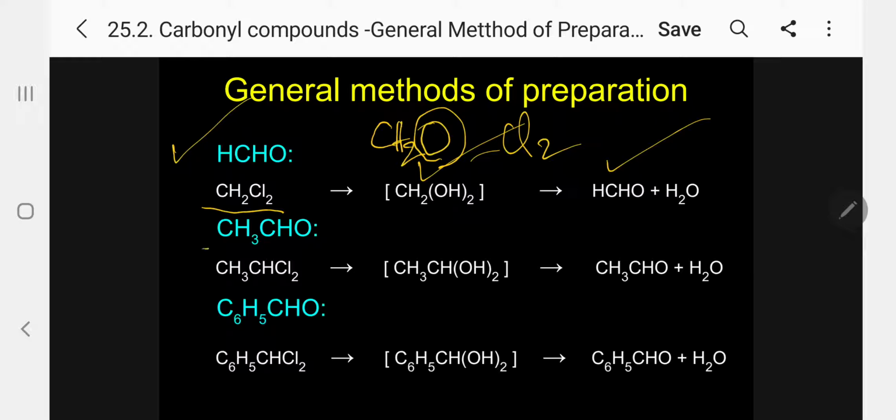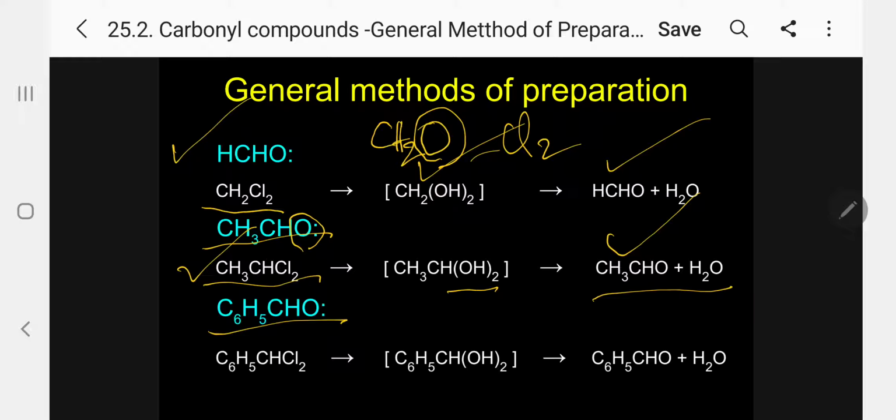Suppose I want acetaldehyde. Instead of O, I will add Cl2, that means 1,1-dichloroethane, which undergoes hydrolysis using alkali, sodium hydroxide or potassium hydroxide, to produce the corresponding unstable hydroxide, producing acetaldehyde and water.